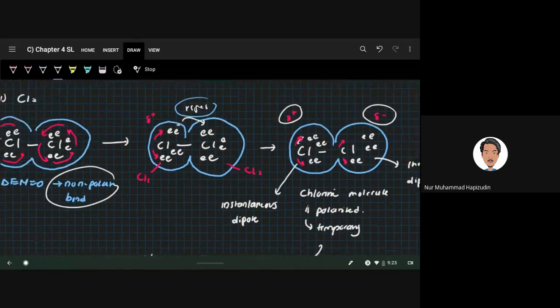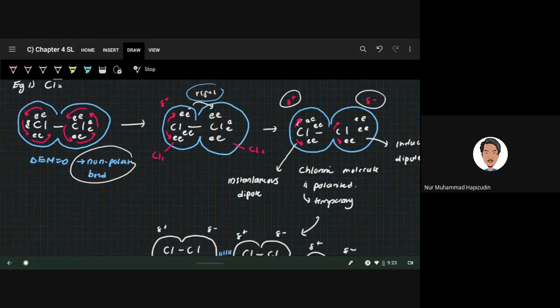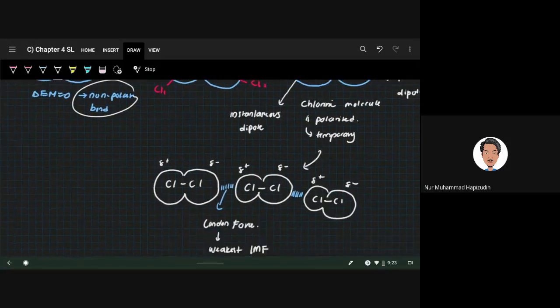So in your IB exam, you don't have to explain the process one by one. This is just the concept. Okay? But in your exam, you have to identify which molecule undergoes London force. It is easy. Okay, molecules that have the same type of atom undergo London force. That's all. Okay, Cl2, O2, N2, what else?